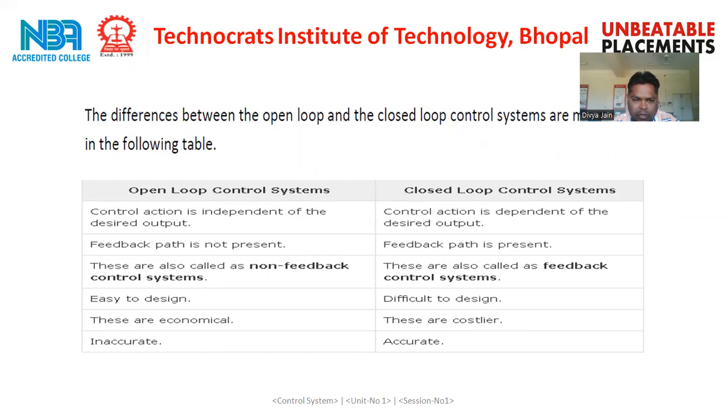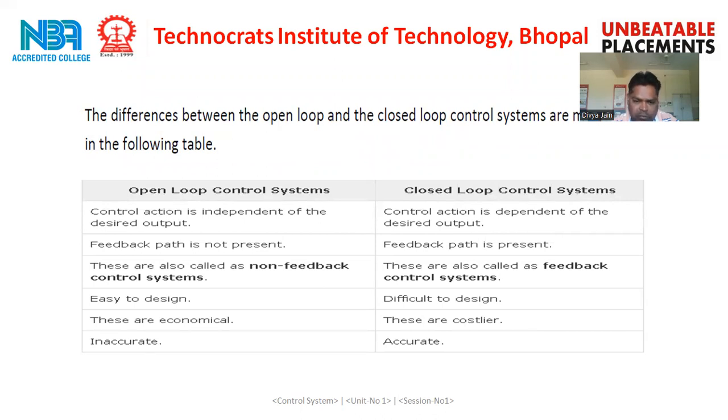In the open loop system, the control action is independent of the desired output, but in the closed loop system, the control action depends on the desired output. The open loop system does not require a feedback path, but the closed loop system does.